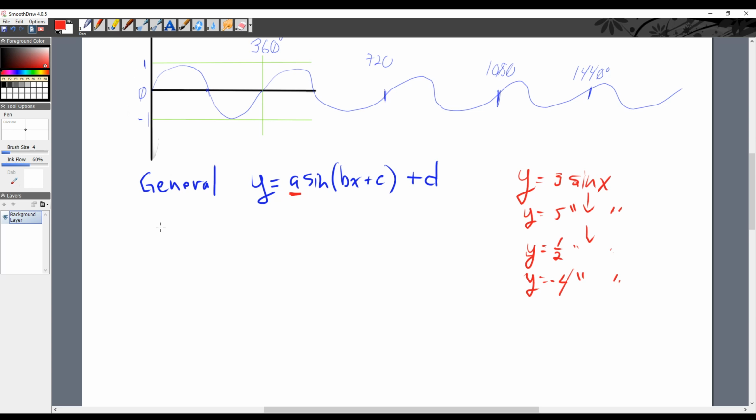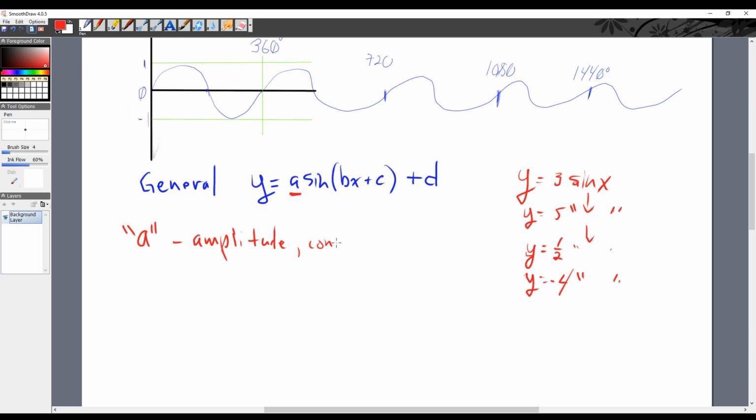So the a is the amplitude, because if we think about amplitude as how far away from the x-axis we can get, a is the amplitude.